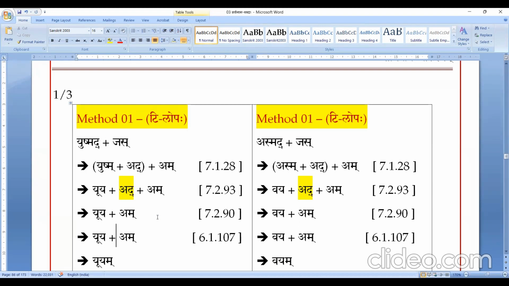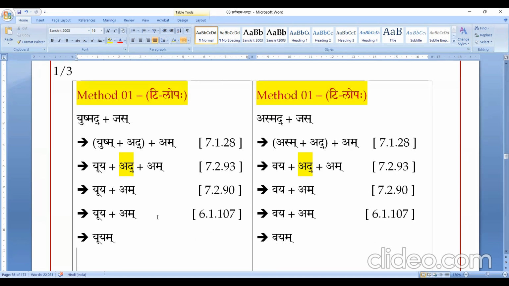So Jasi Pratyaya Pare. By the sutra Yuya Vayo Jasi, Yushmad Ma Paryantasya sthane Yuya, and Asmad shabdasya Ma Paryantasya sthane Vaya Adesha. Then Sheshe Lopah is applied, and Ami Purvah, Yuyam and Vayam.